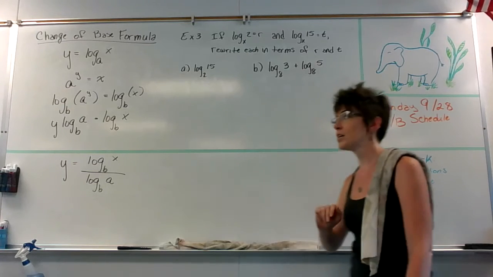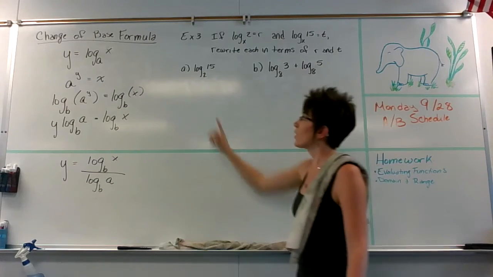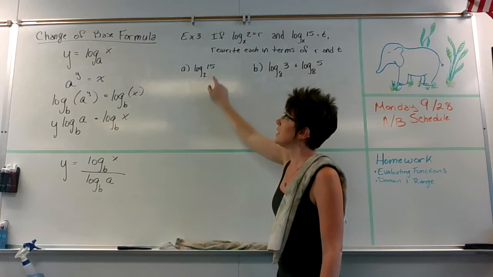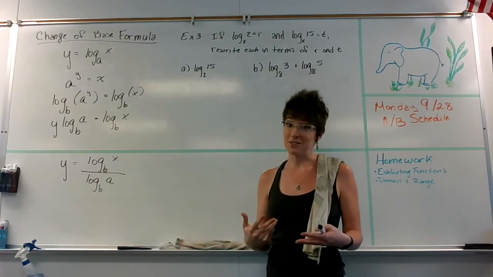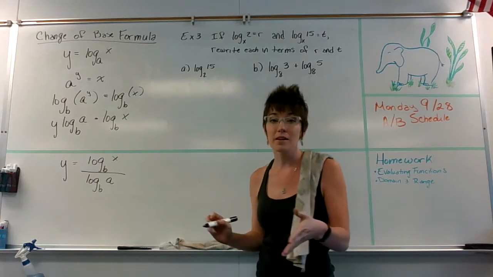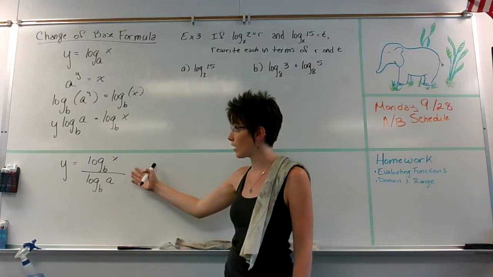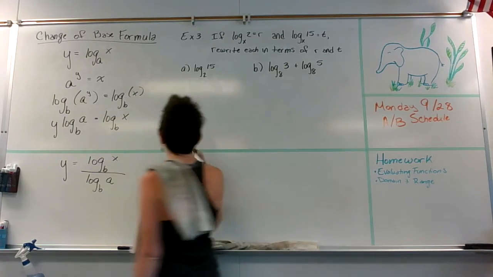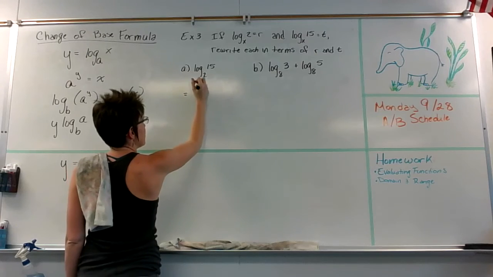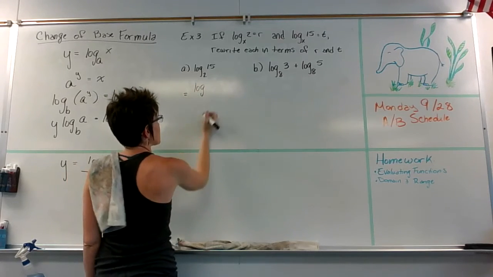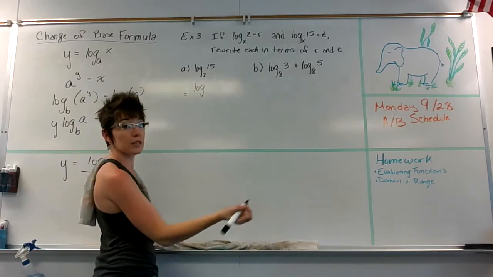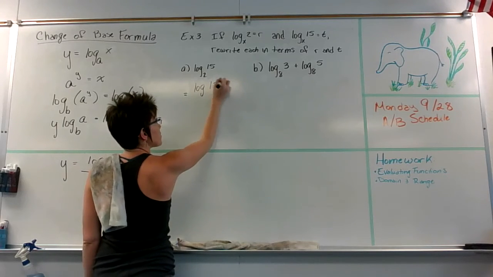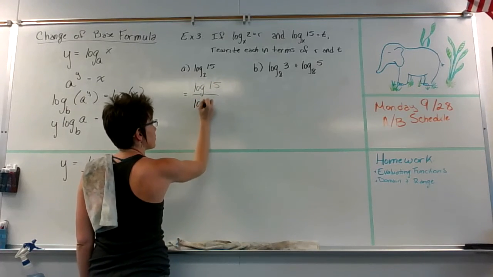Okay, so let's attack some of these problems. We have log base 2 of 15. Well, if I'm going to evaluate this using the change of base formula, then I might start by just applying the top divided by bottom here. So this would look like something like log base 10. I'll choose 10. I'm pretty happy with that. I'm also very lazy. I don't want to write anything extra if I don't have to.